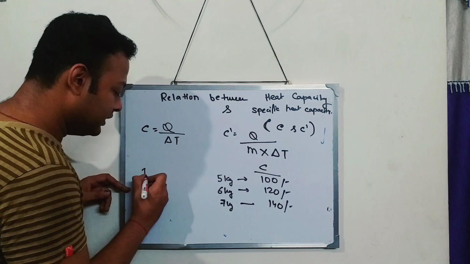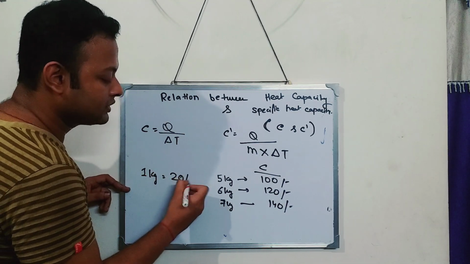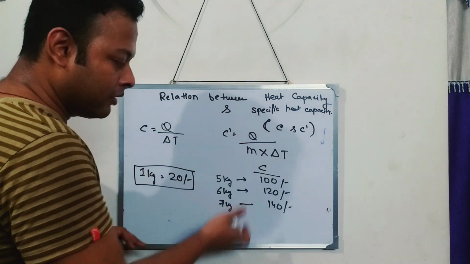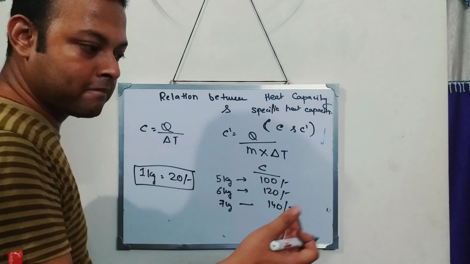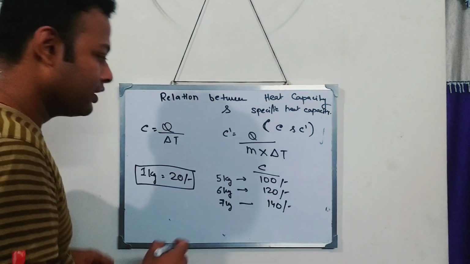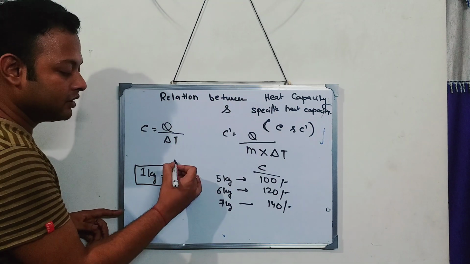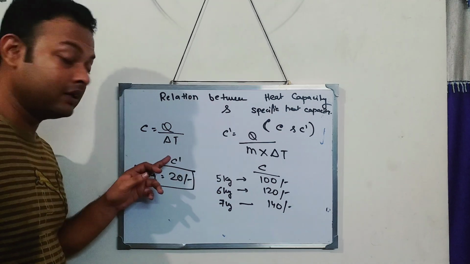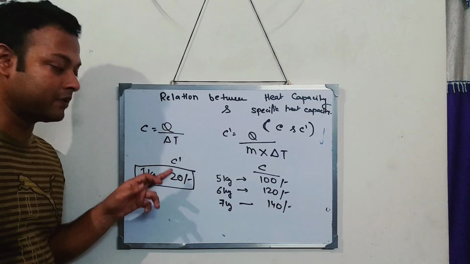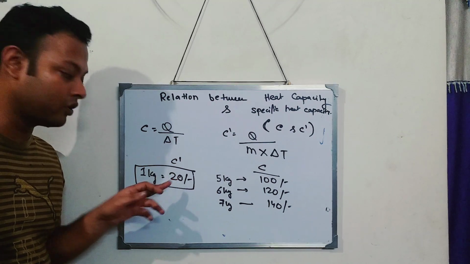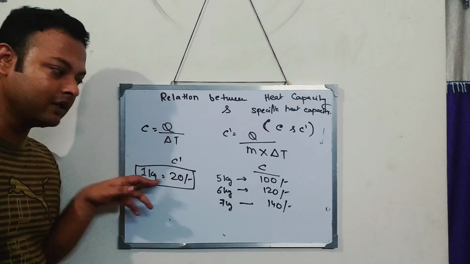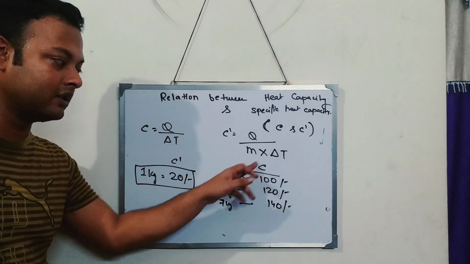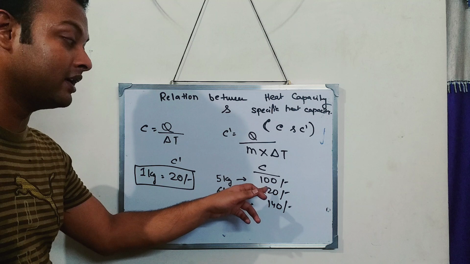But as you take more and more rice, the amount you have to pay increases. So this 20 rupees denotes C dash, the specific heat capacity. This is fixed, because I have made my mass fixed at 1 kg, so the price also becomes fixed. But over here mass increases, price increases, so that indicates heat capacity.